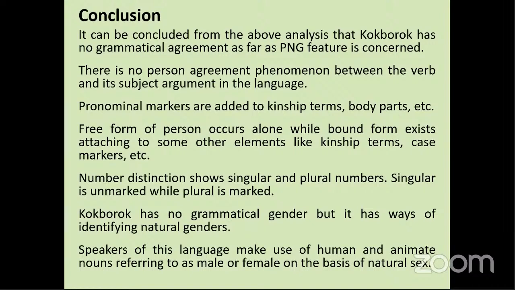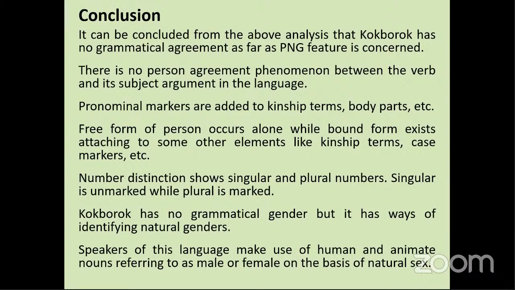So from the above analysis, we can see that there is no grammatical agreement as far as PNG is concerned. So no person agreement phenomenon between the verb and its subject argument in the language.